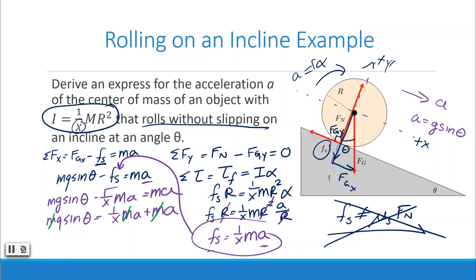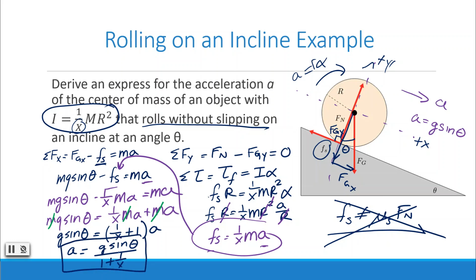The only thing that matters is the angle of the ramp and whatever the shape is. So I get g sine theta is equal to 1 over x plus 1 times a. If I wanted to get a common denominator here, I could. I don't think it particularly matters, but a is going to be g sine theta over 1 plus 1 over x.